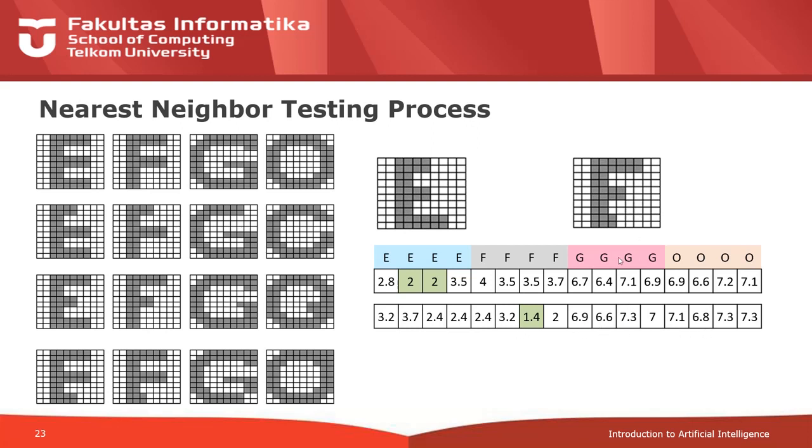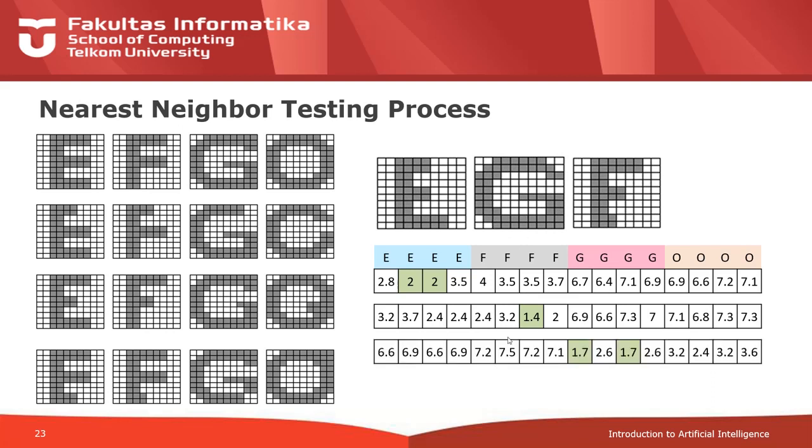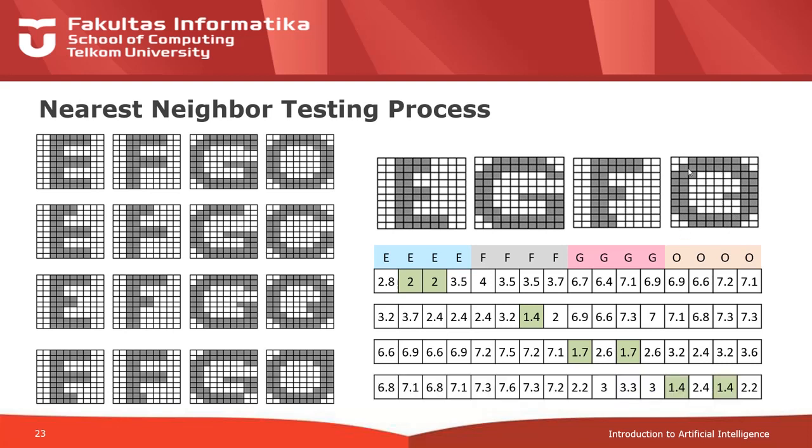For this one, the smallest distance is 1.4 and the class is F. So this is pretty good. And what about this G? The closest one is 1.7 and it is G. And for example, this one is quite ambiguous, whether this is G or this is O.